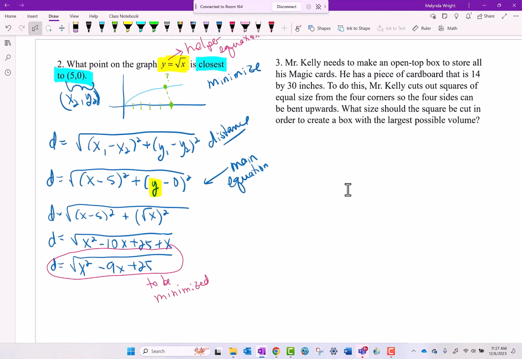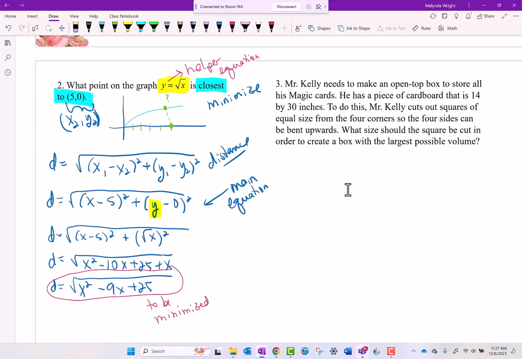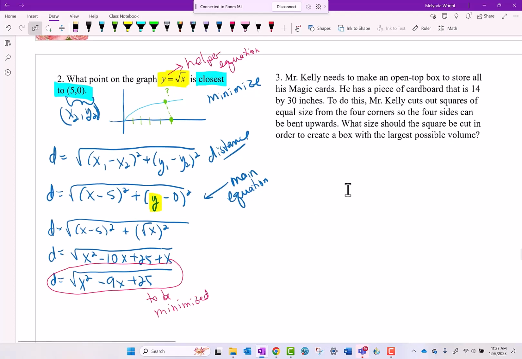Okay, so we're really experiencing several different types of optimization problems that we will encounter, and we're working on how to set them up. All right, so let's look at number 3. It says Mr. Kelly needs to make an open top box to store all of his magic cards. He has a piece of cardboard that is 14 by 30.